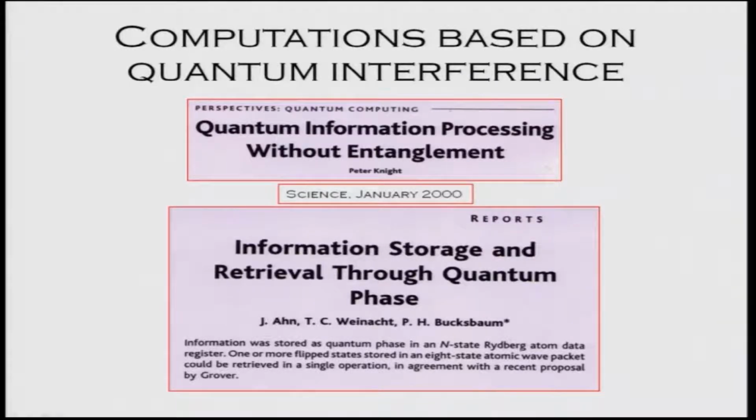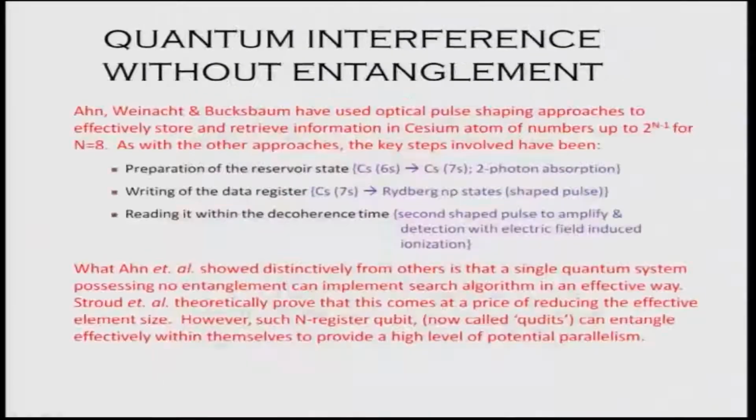So, this particular work did not use entanglement and was possible to show Grover's algorithm, but was resource heavy. In particular, they used the cesium atoms' Rydberg state to write the data register and then read it out within the decoherence time scale by using a shaped laser pulse to amplify and detect the electric field induced ionization.